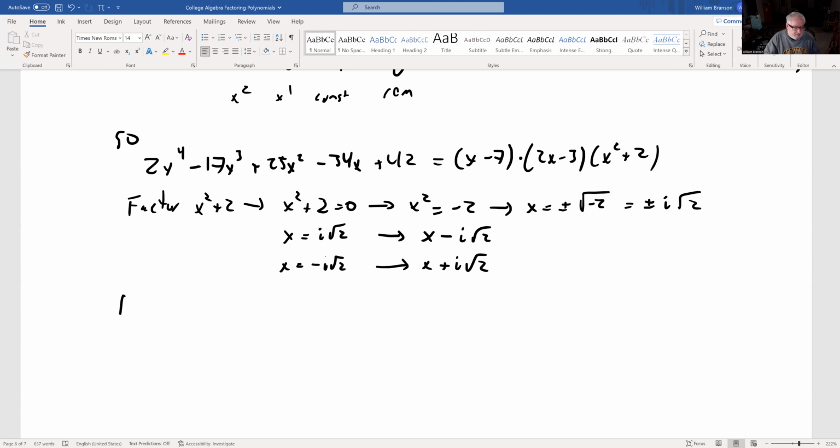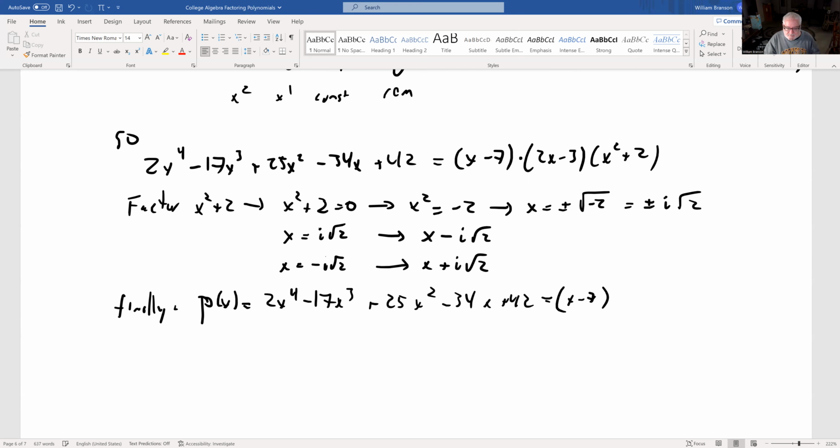So finally, our polynomial 2x to the 4th minus 17x cubed plus 25x squared minus 34x plus 42 can be written as x minus 7 times 2x minus 3 times x minus i square root of 2 times x plus i square root of 2.